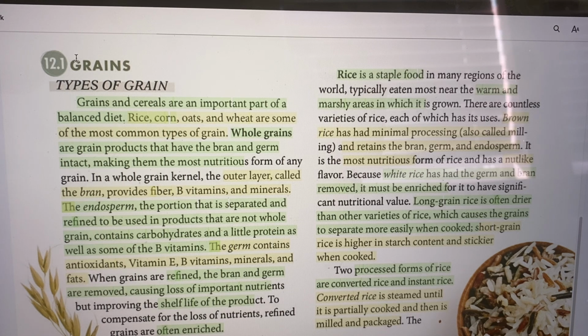So when grains are refined, the bran and the germ are removed. And this causes a loss of important nutrients, but improves the shelf life, preserves it longer. So if you take the bran and the germ out, the grain will probably last longer, right? So a lot of times they have done this.